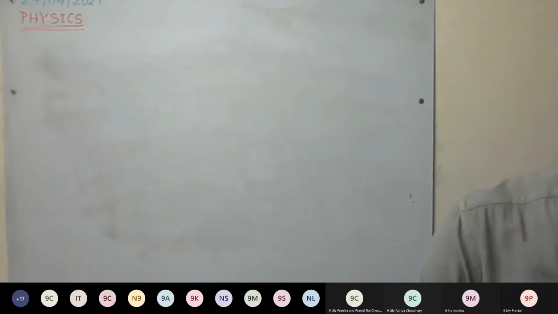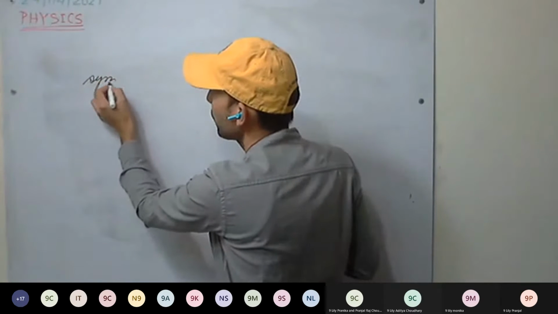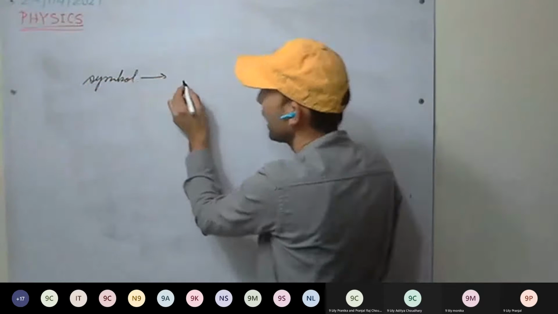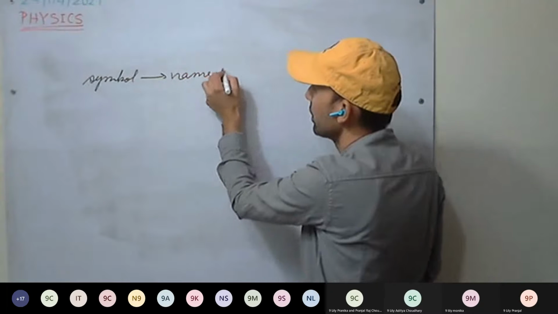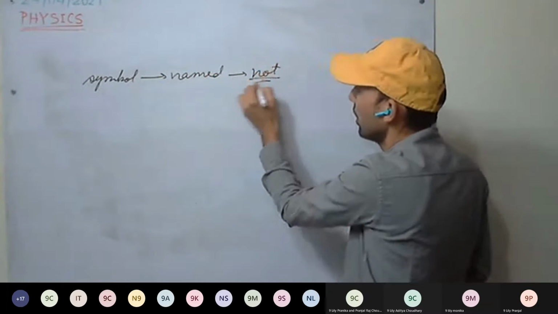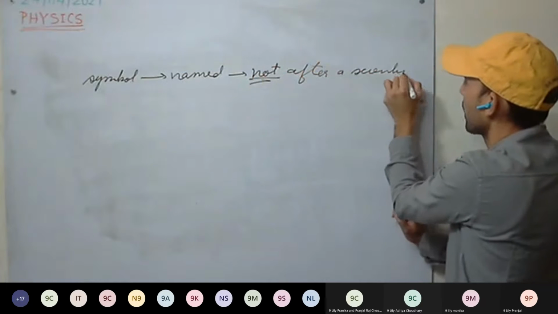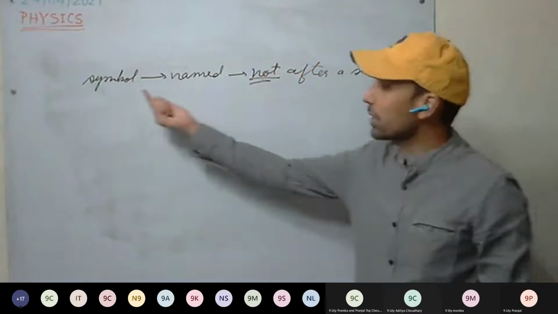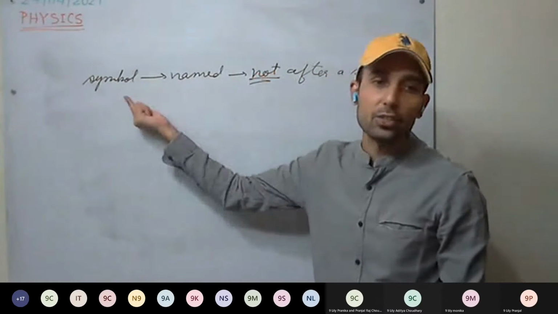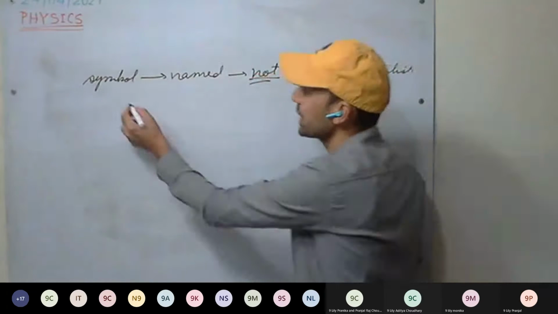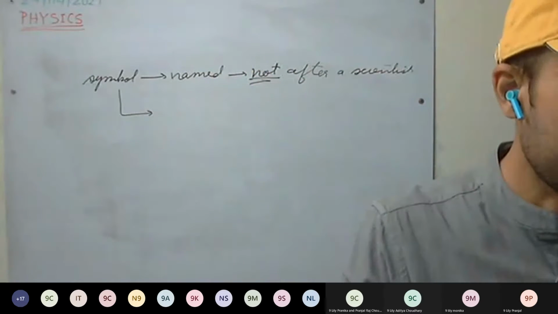If the unit is not named after a scientist, then the unit will be written in small letters.